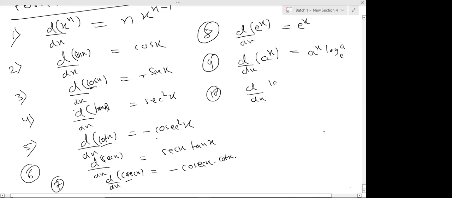Differentiation of log x base e is 1 upon x. Differentiation of log x base a, any positive constant, is 1 upon x log a. All right, write it down.